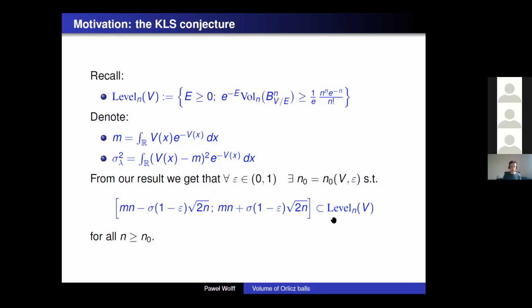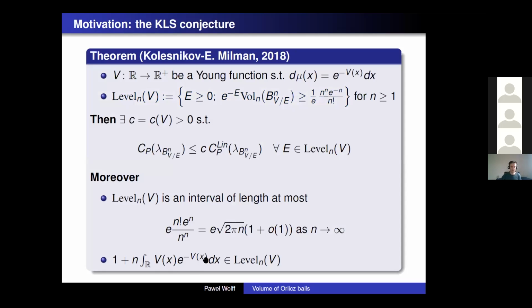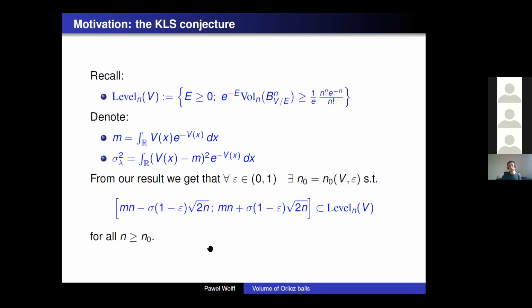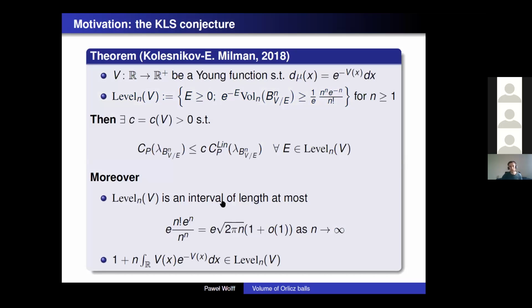But the message is that around this value, this mean m, not only the points within a window of constant size are in this set, but the window is actually larger, of the size roughly square root of n, in this level set, which is actually the optimal result in a sense.